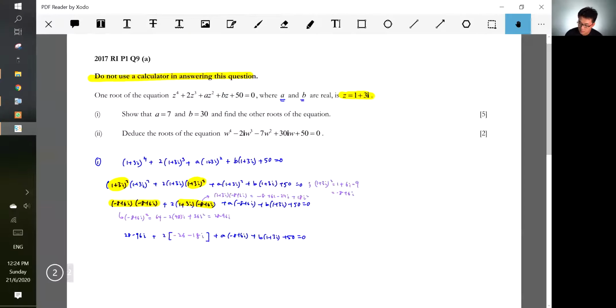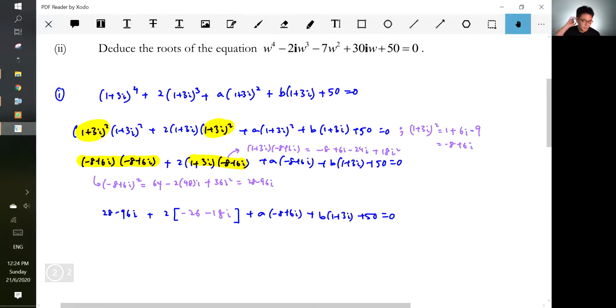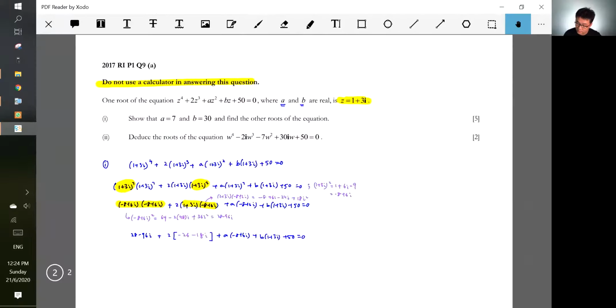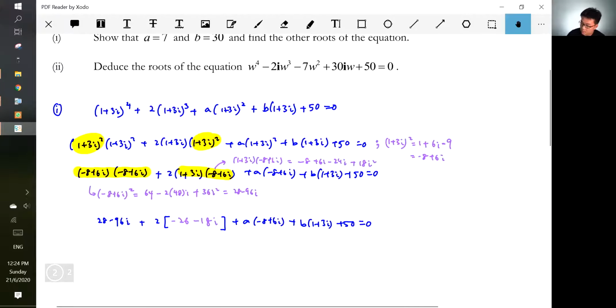Actually, this root method, not sure, let me see. You're not supposed to use a calculator, so you can't use a calculator to even find the root. Yes, you can use the long division method. You can use the coefficient method.